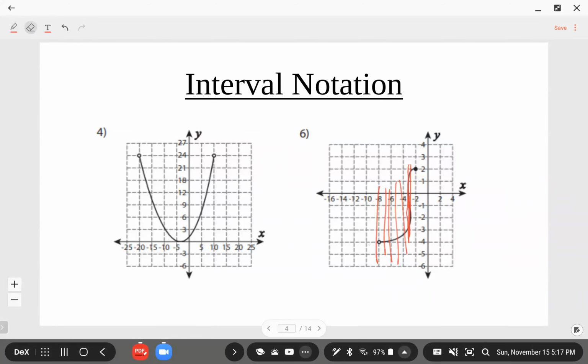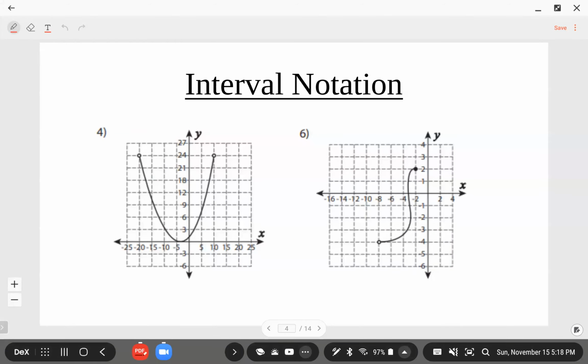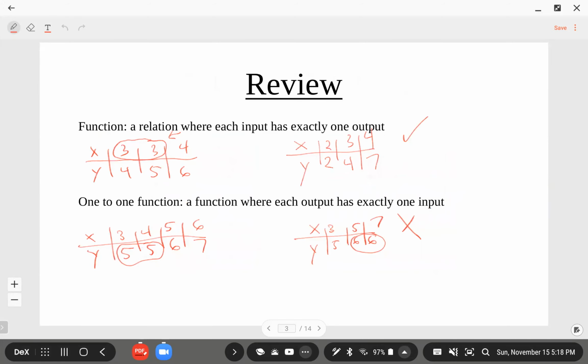Now I'm going to explain why the vertical line test works with finding out if something is a function or not. If there's an x value, let's say 3, in this particular example, there's an x value of 3 that maps to 2 y values, 4 and 5.